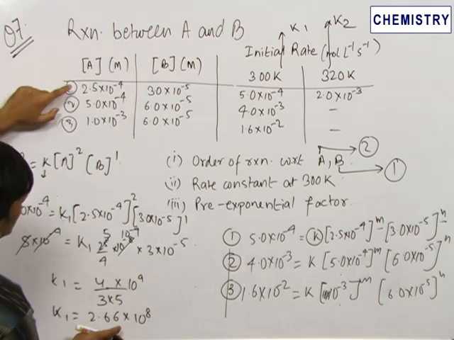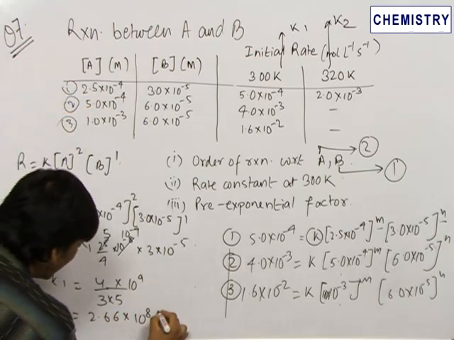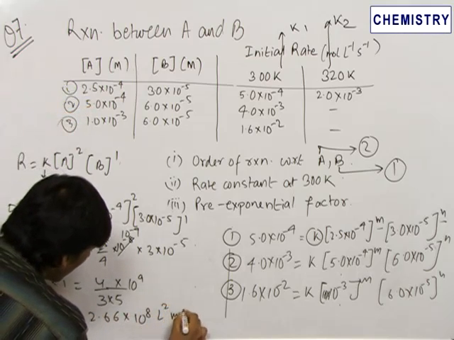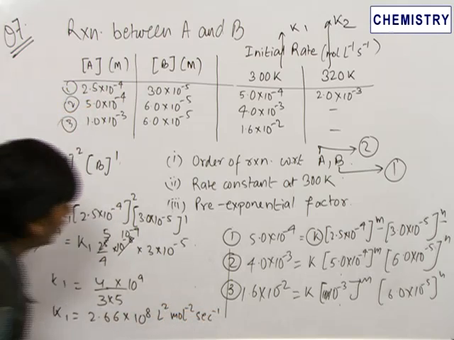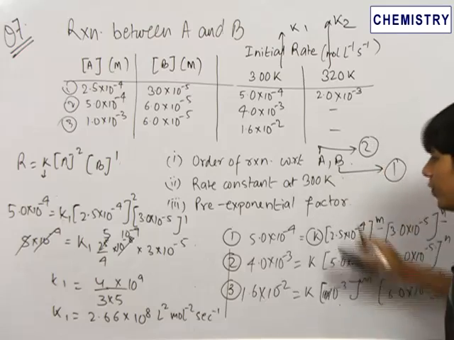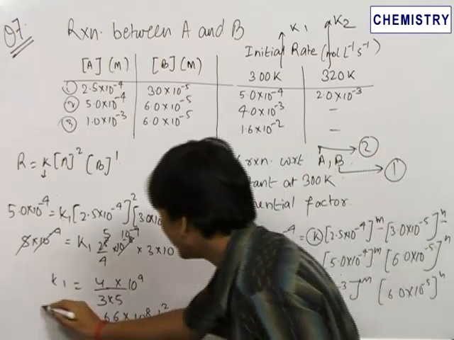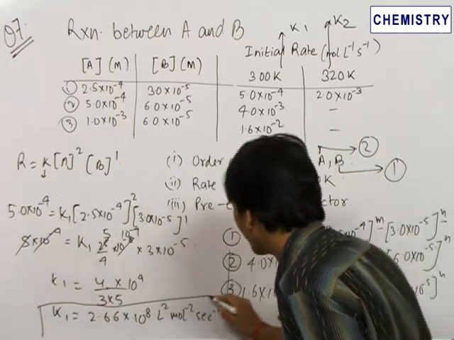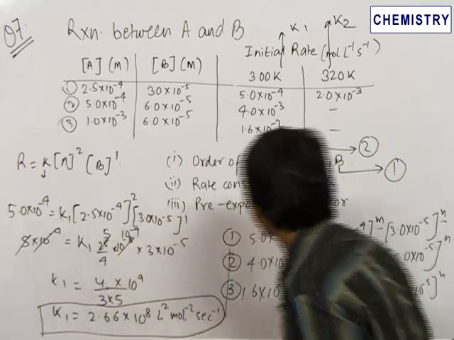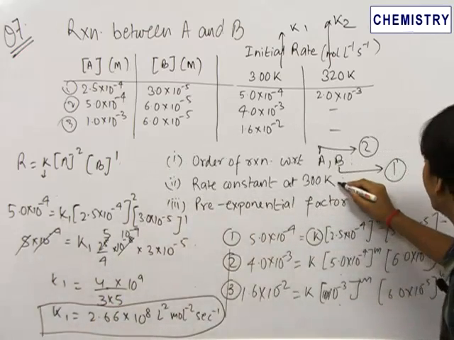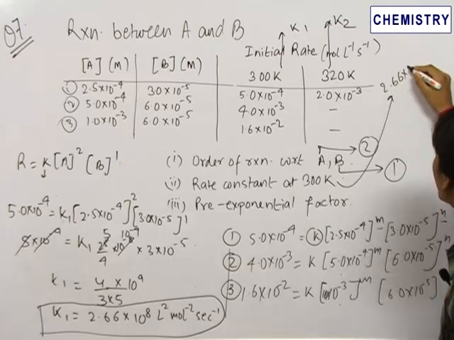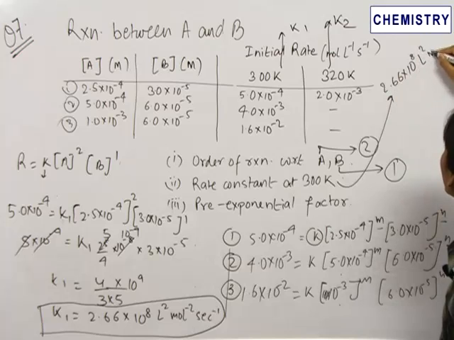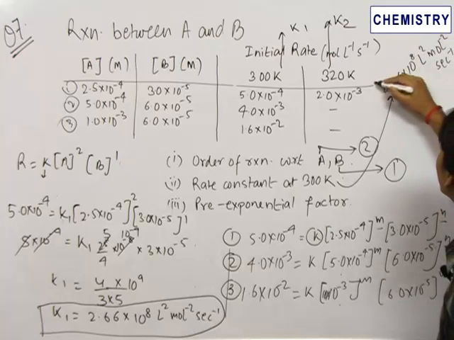Now since this is a third order reaction, therefore the unit will be liter square mole minus 2 second minus 1. We have already found out the rate constant at 300 Kelvin. This is our answer for the second part. Let me write it here. 2.66 into 10 raised to power 8 liter square mole minus 2 seconds minus 1.